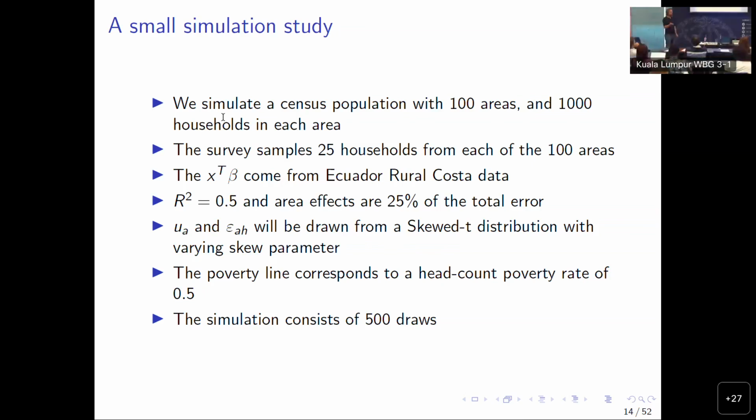We're in the process of varying the parameters, but it's computationally intensive, so I was only able to do one choice of parameters during the weekend. We assume a skewed t-distribution for the errors, and we vary the skewness parameter in the simulation exercise. The poverty line corresponds to a headcount poverty rate of approximately 50%, and we implement 500 simulations.